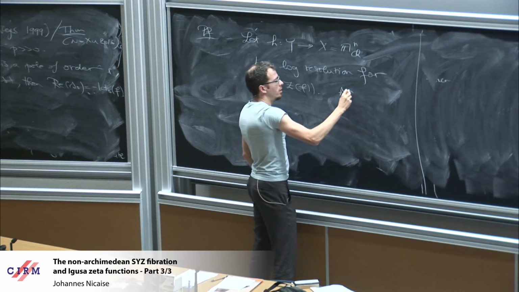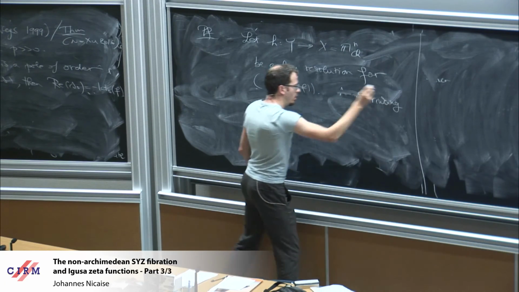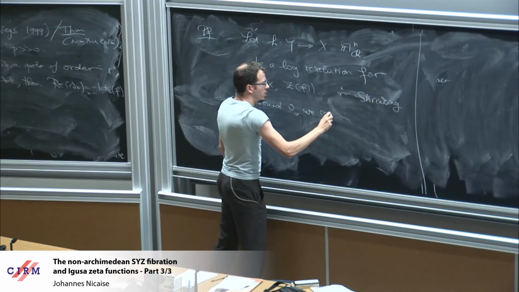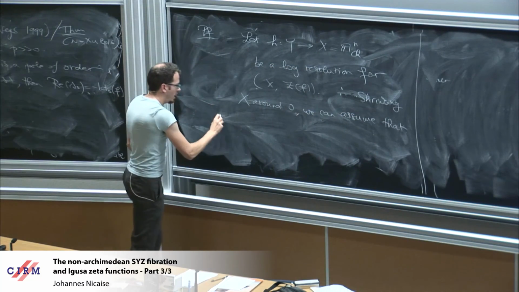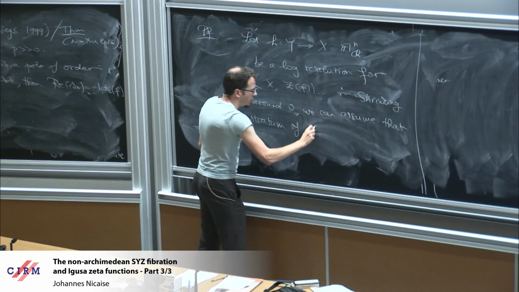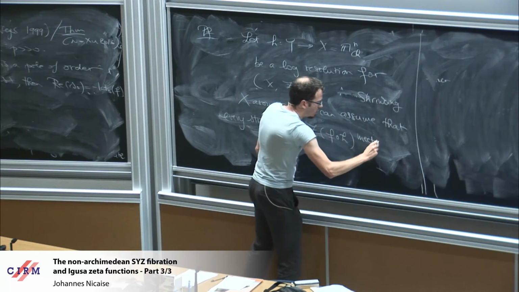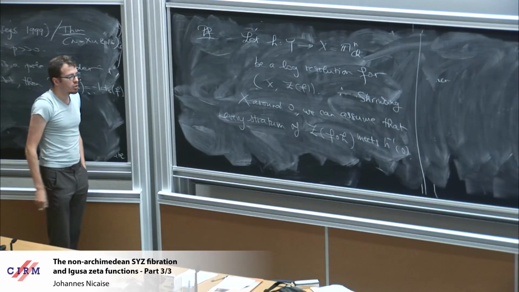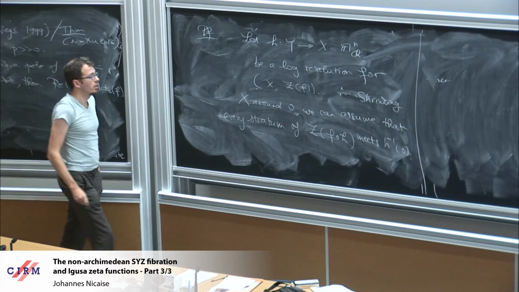And then, assuming, or shrinking X around 0, we can assume that every stratum of the total transform of the zero locus of f meets the inverse image of 0. Just if this is not the case, then we delete the image of this stratum in X, and we just replace X by a smaller neighborhood of the origin.